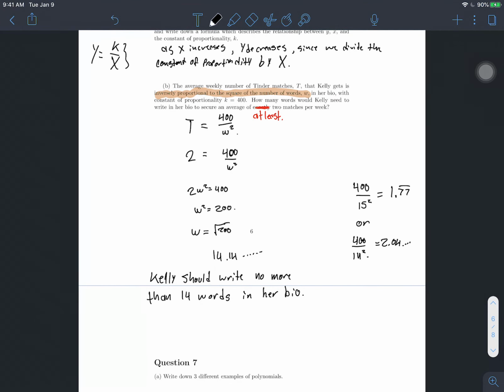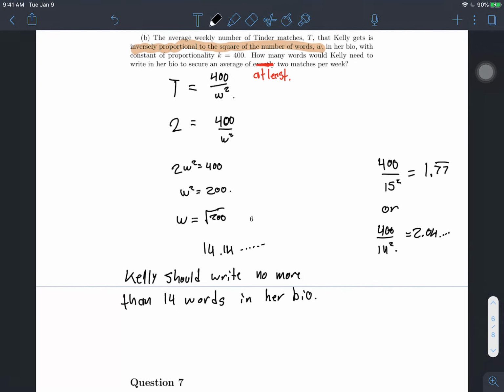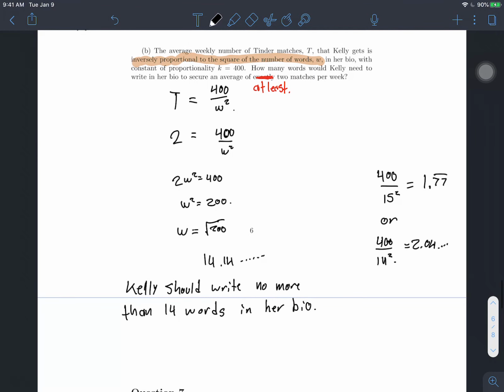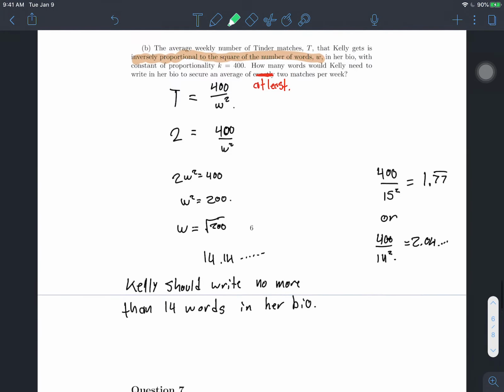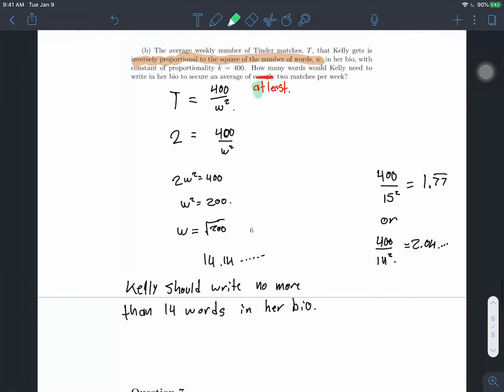Okay, so that's how we do that problem. Again, my apologies for this problem not being quite right. So you're just going to have to imagine that I had put this at least 2 matches per week.